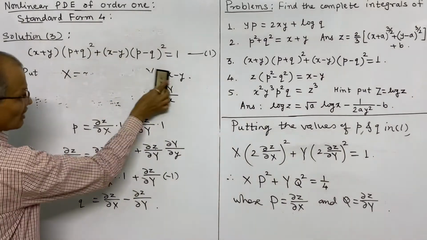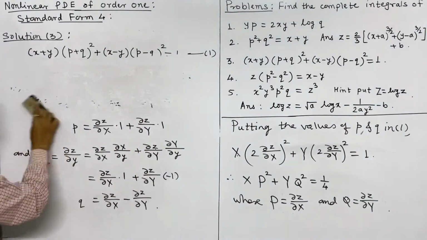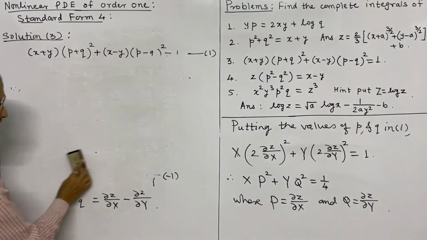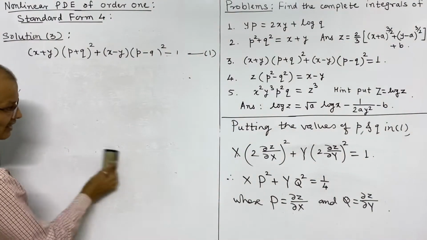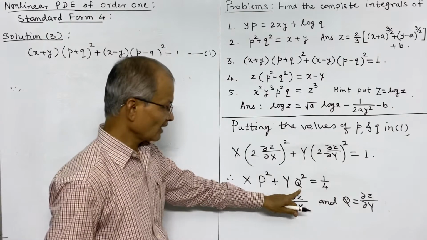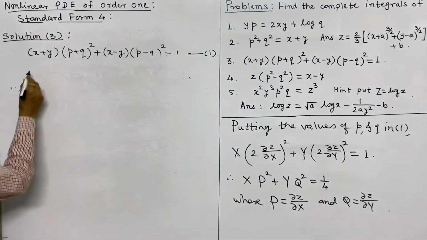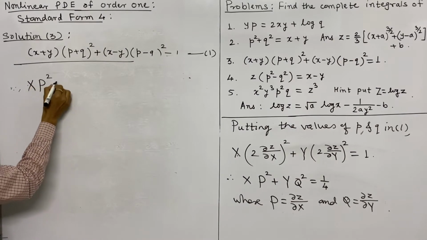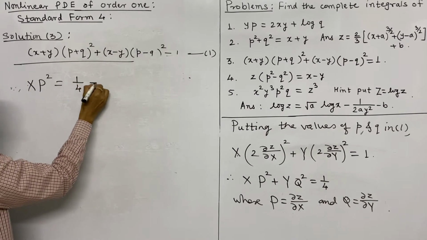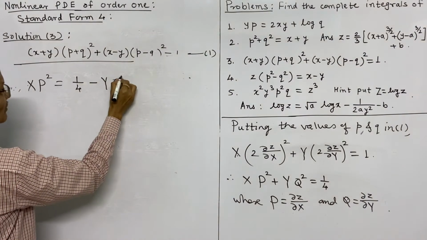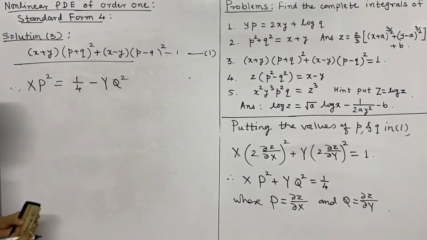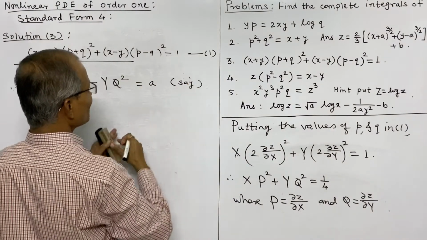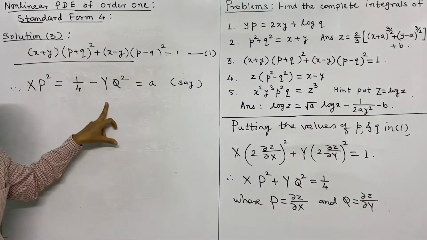Now next, this equation can be expressed in the standard form 4: function of capital X and capital P, and function of capital Y and capital Q. So that can be written further, this is x into P square is equal to 1 by 4 minus y into Q square. And suppose this is equal to A. See, now we got this form after substitution.